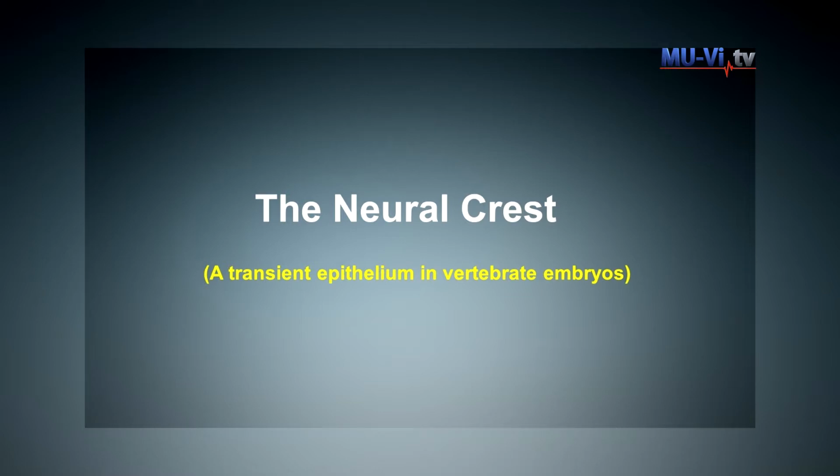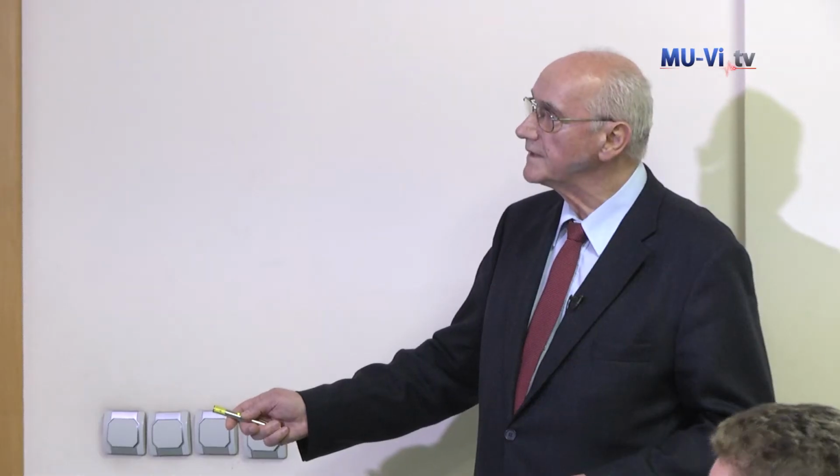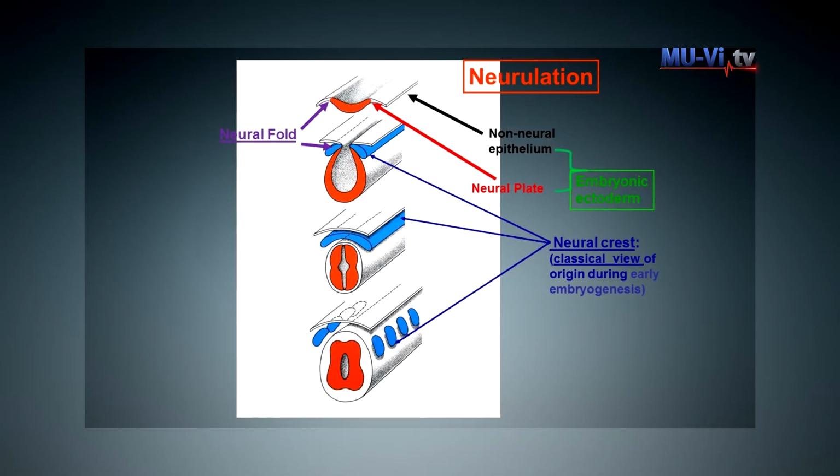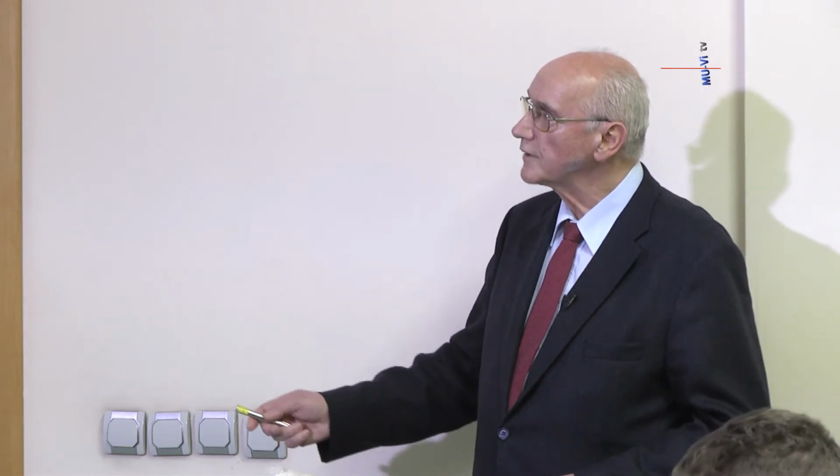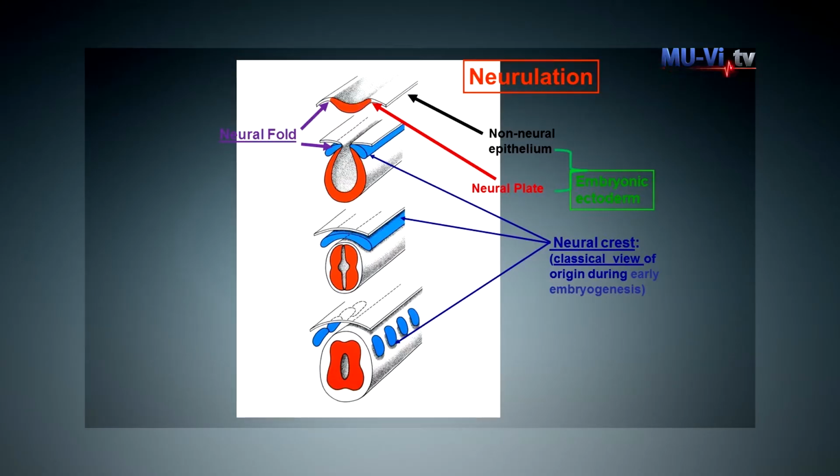You know, the neural crest is built at the border between the non-neural epithelium and the neural plate from the embryonic ectoderm. The cells move in the deep here and build the neural fold, and this fold here is the place where the neural crest originates.